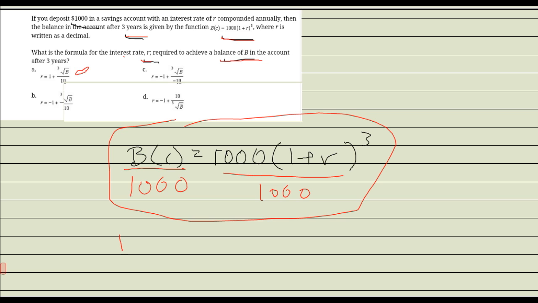So it's going to be B over 1,000 equals (1 plus R) cubed.